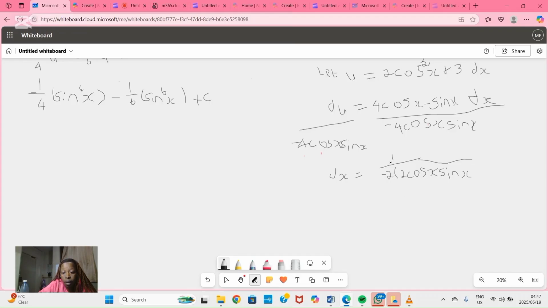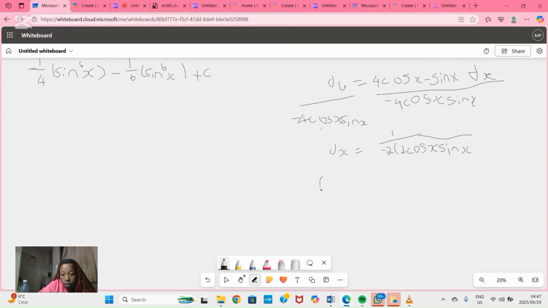Okay, this is the same as this. So we're coming back to our equation. We have the integral of 2 cos x sine x, and then we said we changed this 2 cos squared x plus 3 into u.